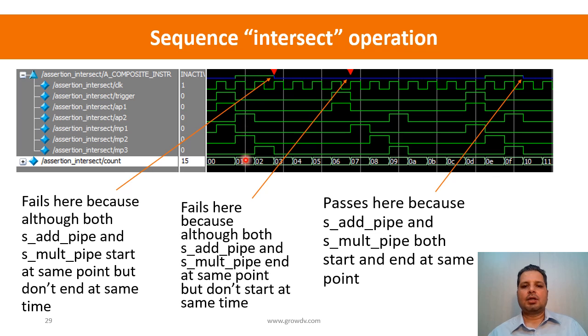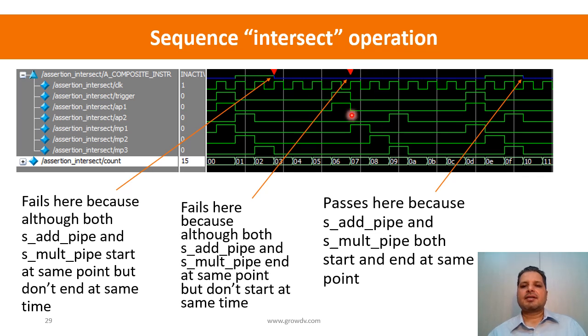And on the count of 1 the AP2 shows up, and hence our add sequence completes, whereas the mult sequence is still continuing, and it completes when the count becomes equal to 2, when MP3 is asserted, followed by MP2 followed by MP1. So at this point it is completing, but it is failing, because although both the add and the mult sequences started on the same sampling event, they didn't complete on the same sampling event, so it has failed over here.